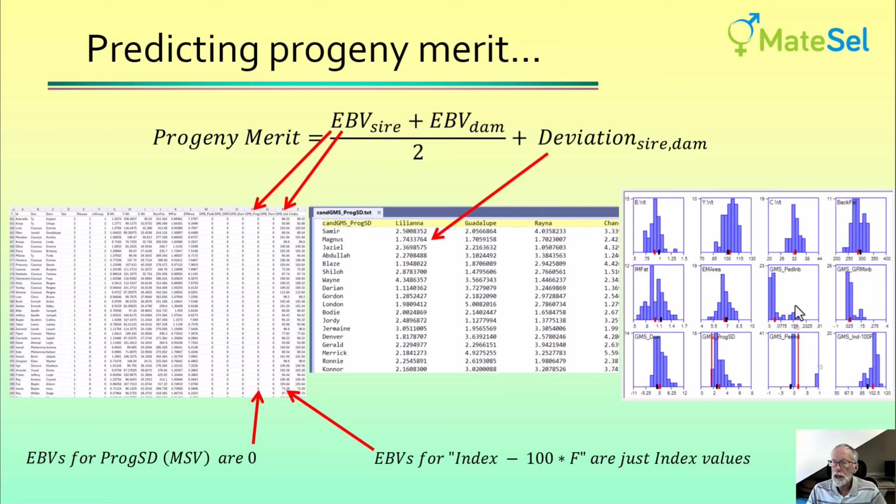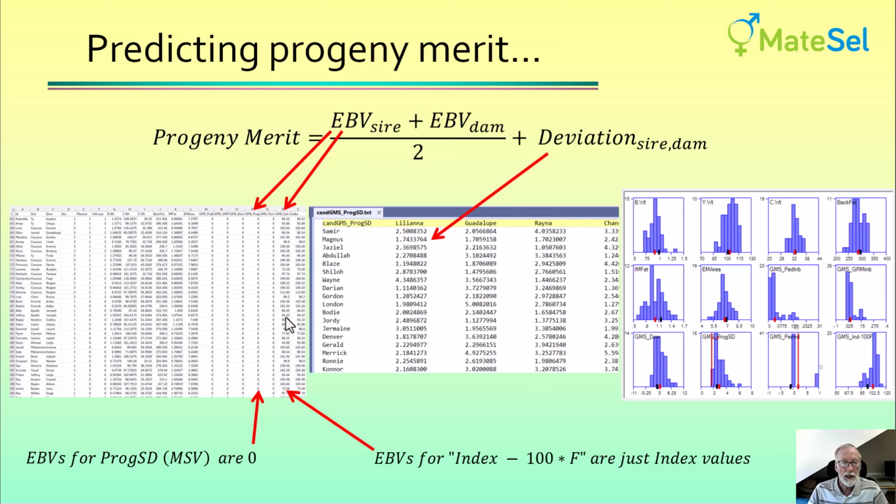However, the calculation of the values that contribute to these histograms includes the deviations peculiar to each sire and dam in the mating list. So you can see that for many of these non-additively handled traits, the EBVs are 0. An example of that would be when we're looking for Mendelian segregation variance, where we're not looking at the parents, we're only looking at the effect of the genotypes of the parents on variation in the progeny.